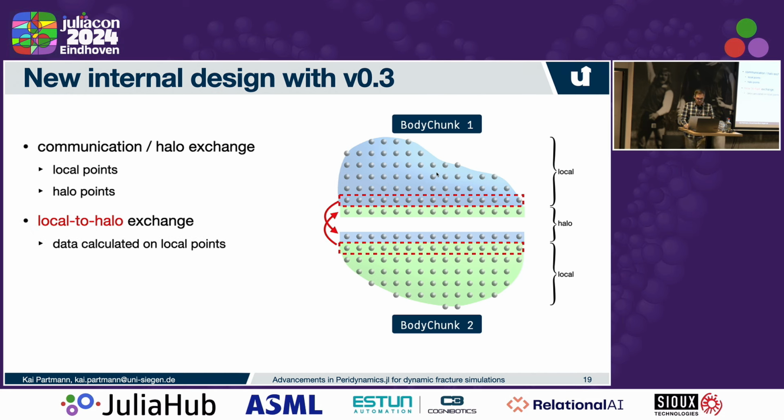There are two types. Basically, local-to-halo communication: data that is calculated on the local points needs to be updated into the halo area of another chunk.